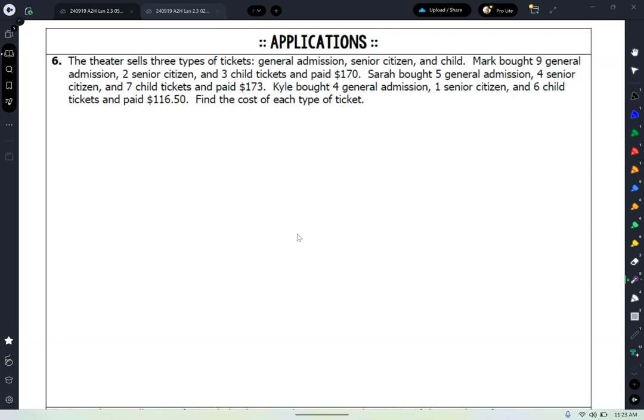It should be pretty obvious what the equations are, right? These should be easy equations. But let's define our variables first, just for the sake of your answer matching up with what I put up on the screen.